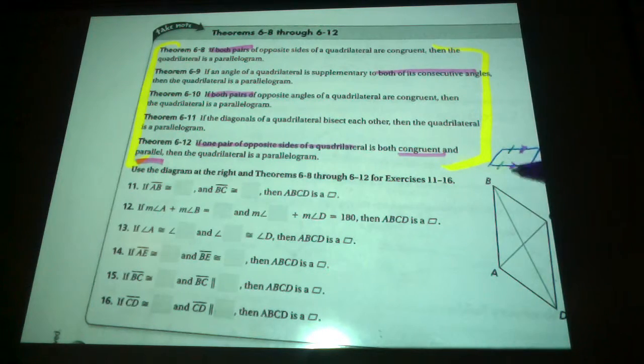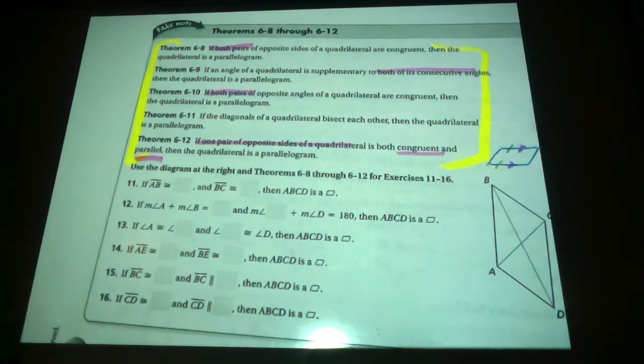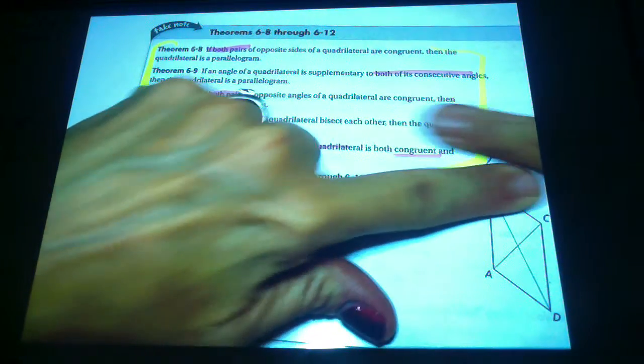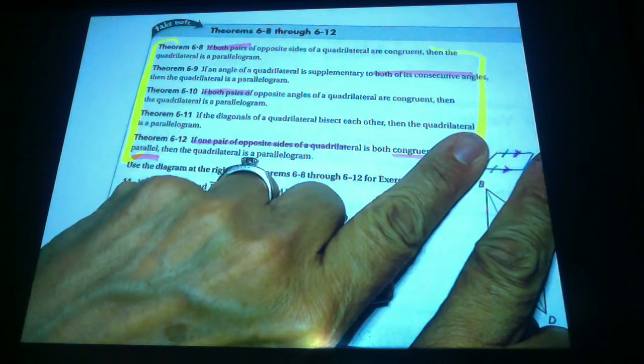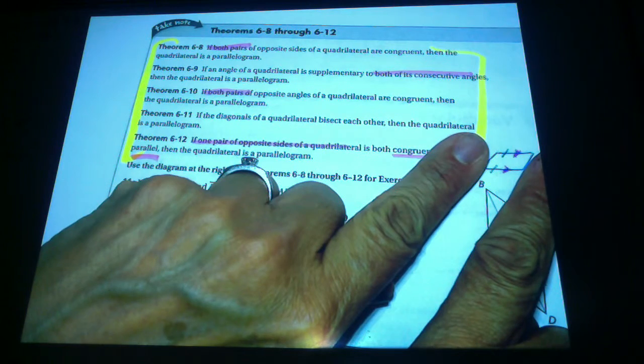If these are parallel and they're the same size, it doesn't matter where I put these to each other. The distance from here to here is automatically going to end up being congruent, and automatically they're going to end up being parallel. It's impossible for them not to be.